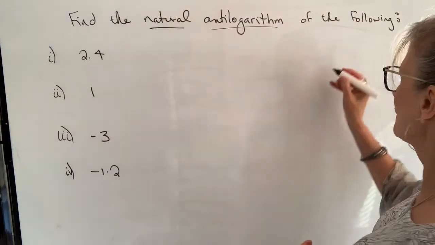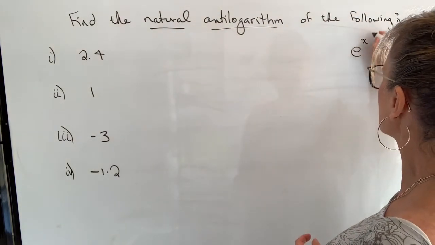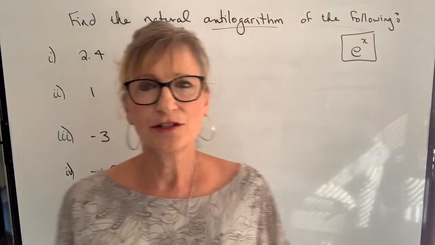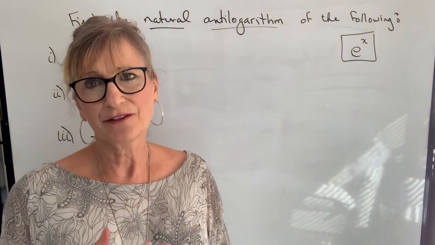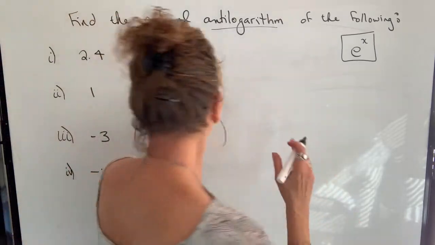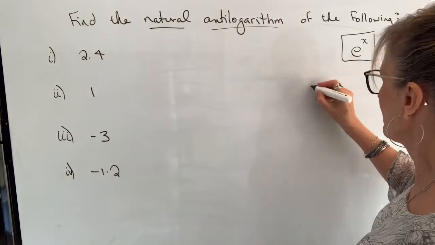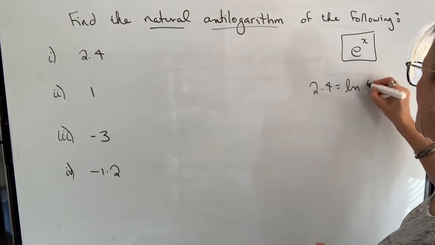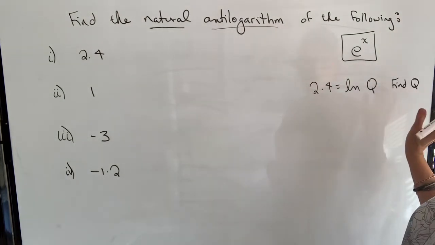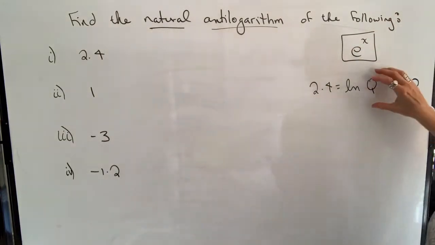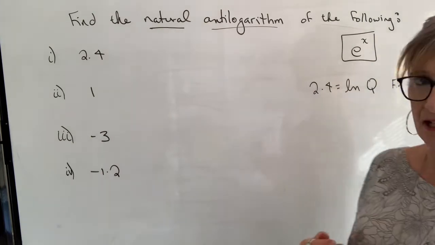It's the inverse of that, and it looks like this, e to the x. That's the key you're going to use when you're finding the natural antilog.